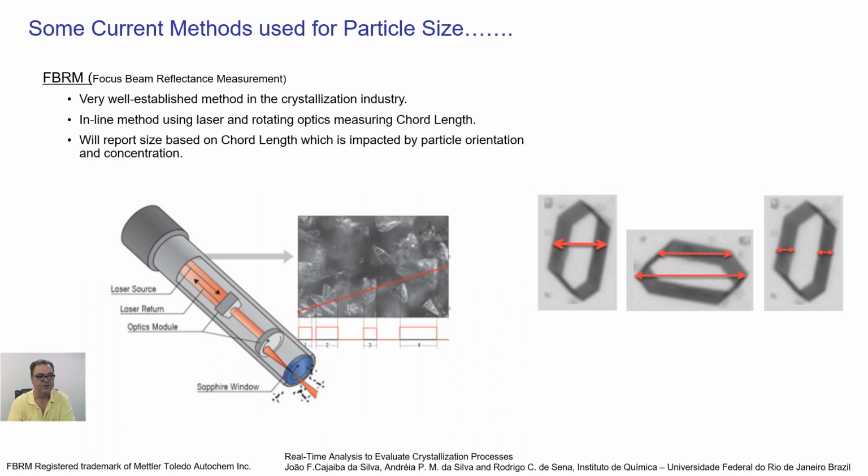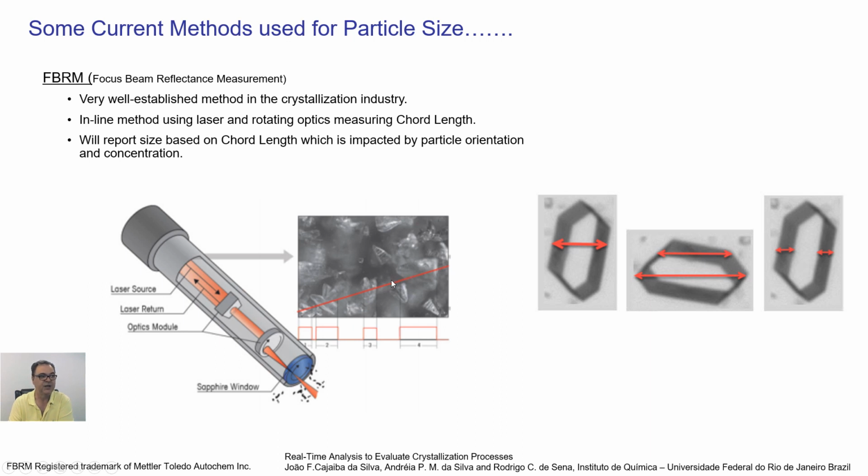So as you can see here on this screen, there is an example taken from a paper that was written and from the manufacturer, where it will actually look at the actual chord length of particles where it can distinguish a chord length.